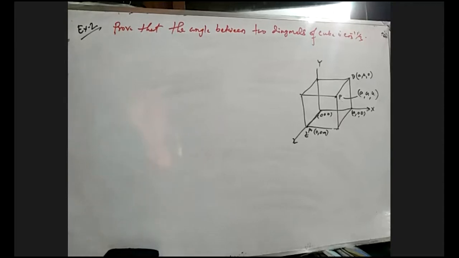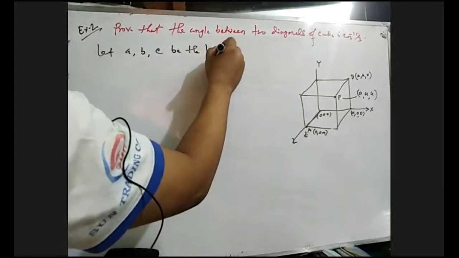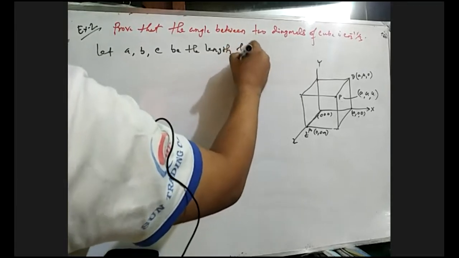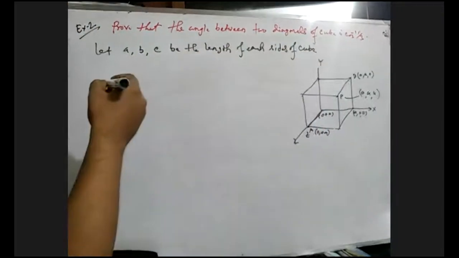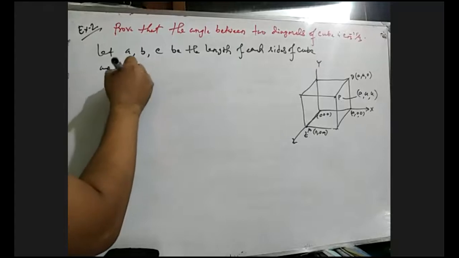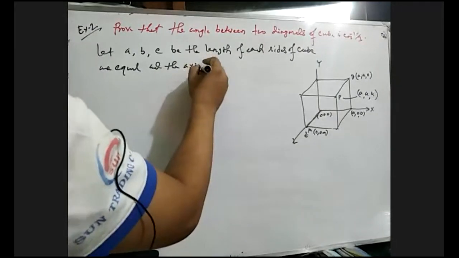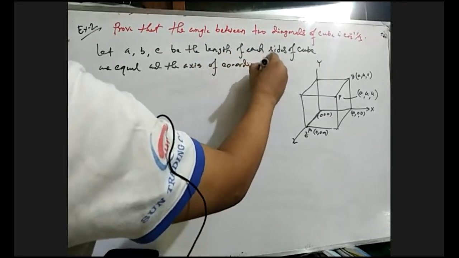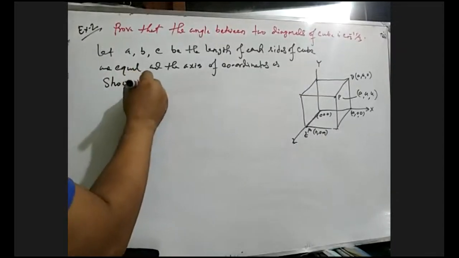Let A be the length of each side of the cube, which are equal, and the axes of coordinates are as shown in the figure.